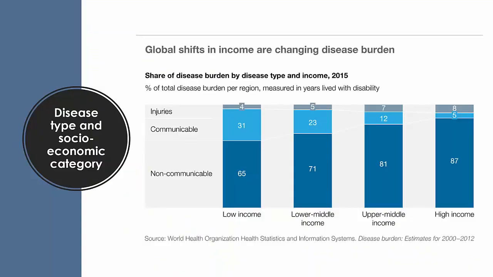Here we're looking at the income levels and the impact of income levels within countries and regions on the different kinds of diseases and disease burdens that affect those kinds of countries.